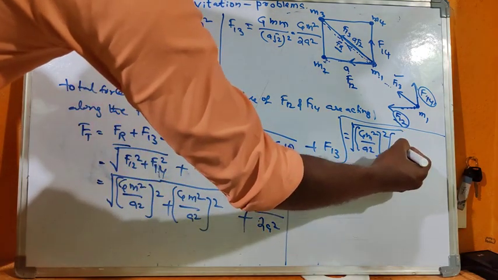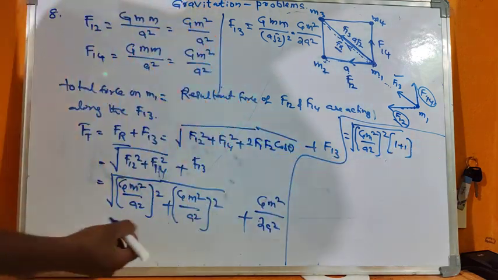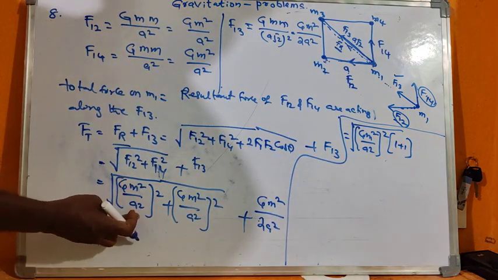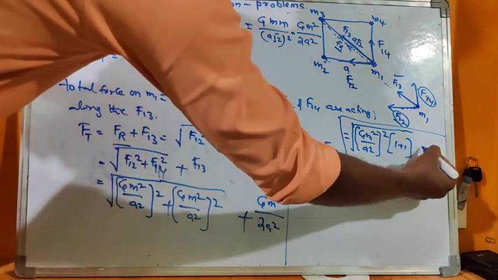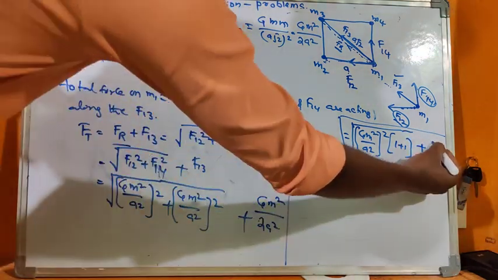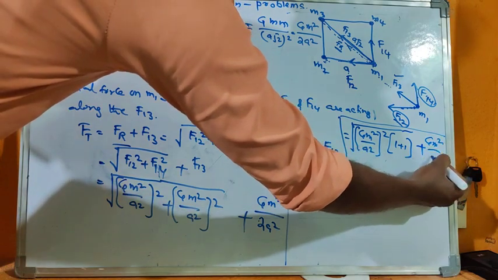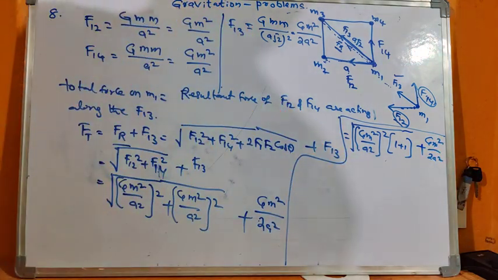Then it is 1 plus 1 inside the root, plus G m square by 2 a square.